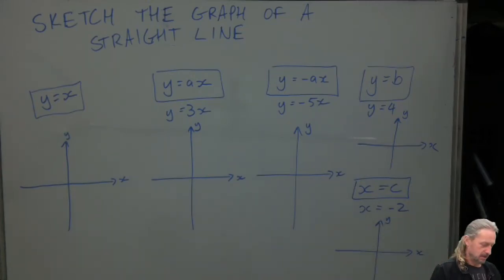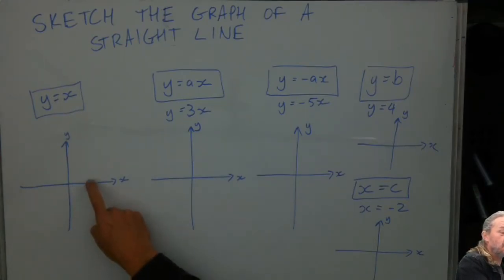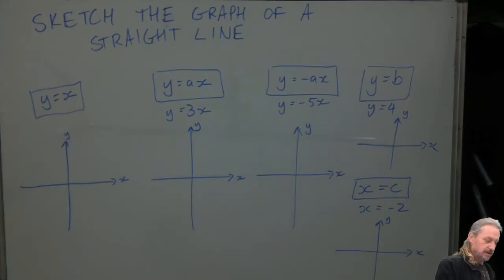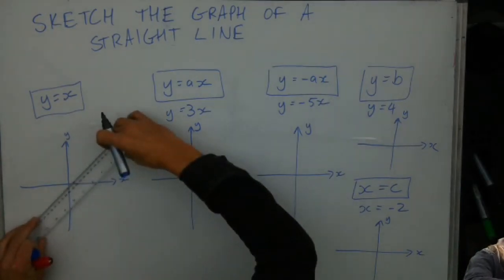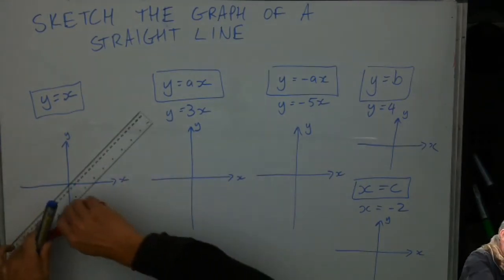y equals x. Okay, so for every one step we go in the x direction, we go up 1 because the gradient is 1. So let's do it in red.